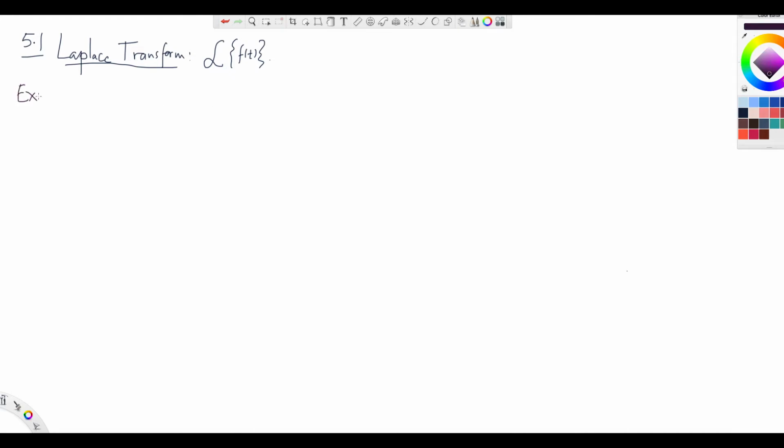Example: find the Laplace transform of f of t equals t squared.